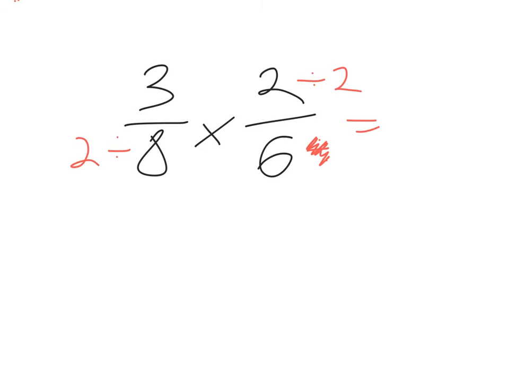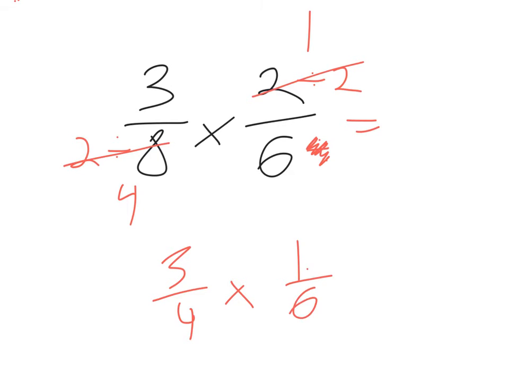Okay, I wrote it wrong, okay? My bad. Okay, so 2 goes into 2 1 time we said, right? 2 goes into 8 4 times, correct? So now we're going to rewrite it. It's 3 over 4 times 1 over 6.